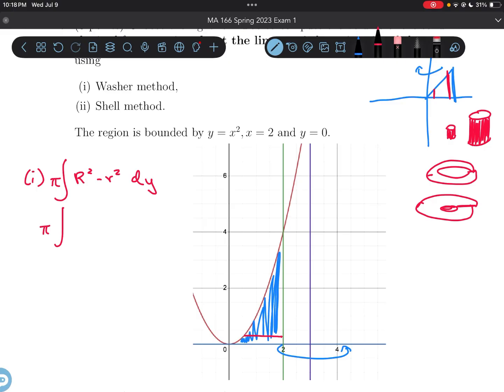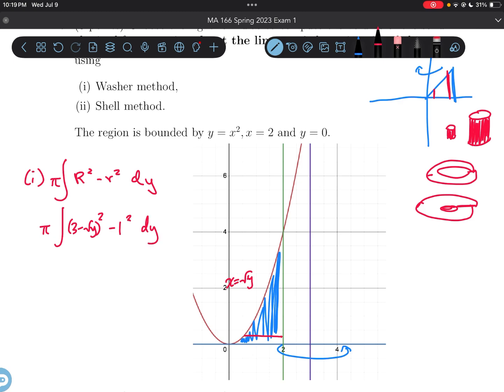Now we need the distance between the line x equals 3 and y equals x squared. Since I'm integrating with respect to y, I rewrite y equals x squared as x equals the square root of y. So the distance is 3 minus square root of y. I get pi times the integral of (3 minus square root of y) squared minus 1 squared, dy.